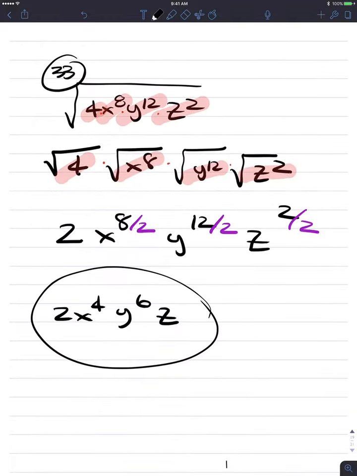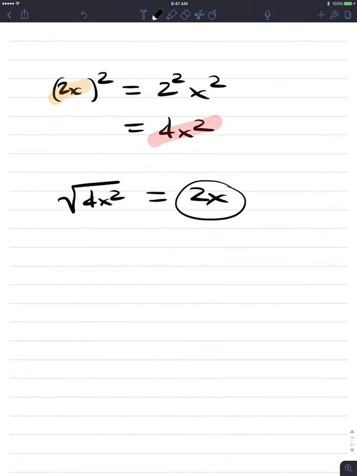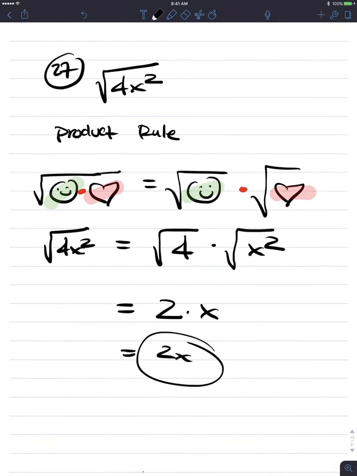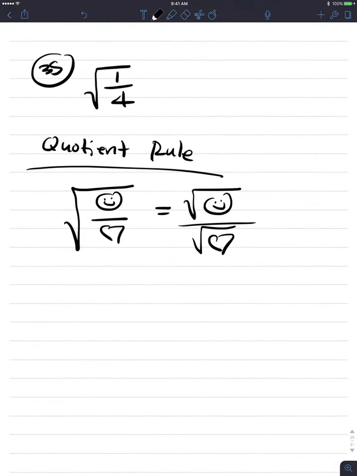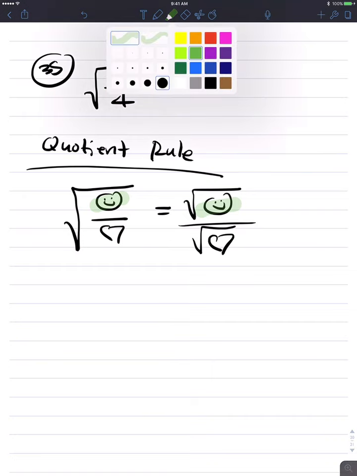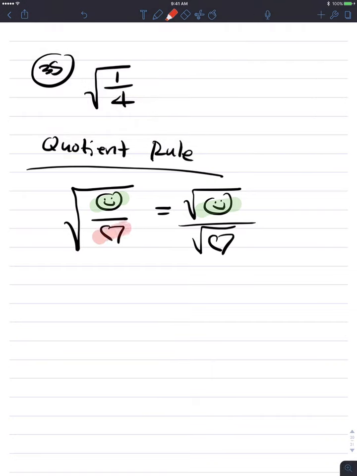Similar to the product rule, if we go back. You have a numerator here. Numerator. You have a denominator. Denominator.